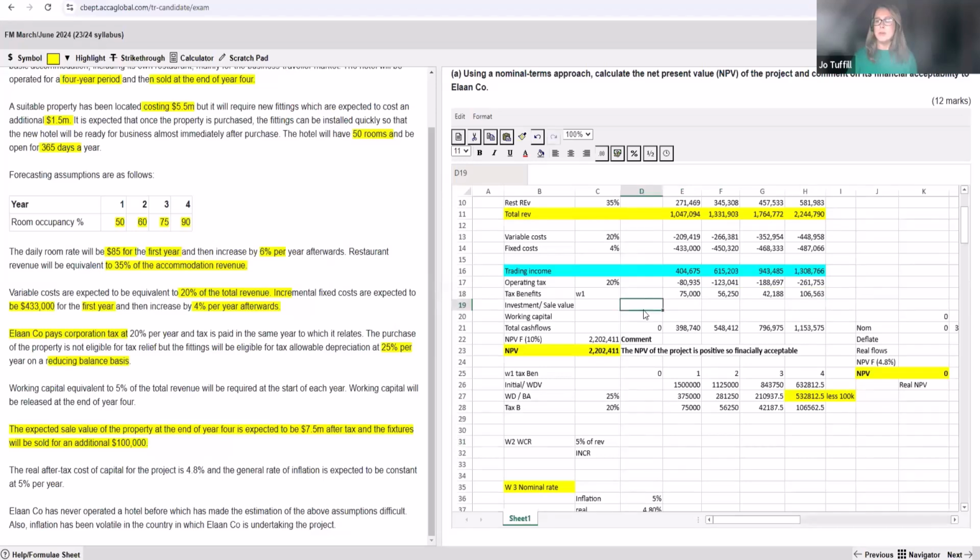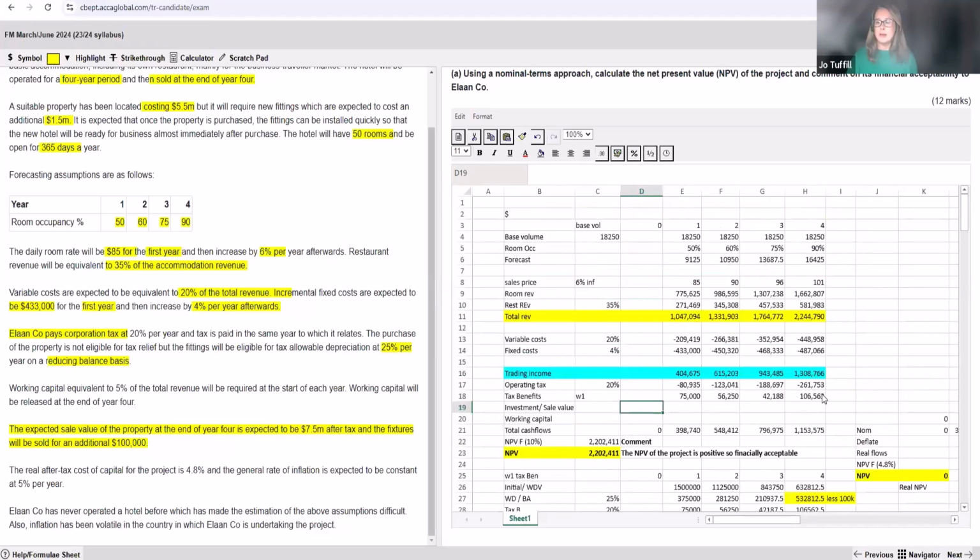Let's now make sure we put our sales value in our investment. Our investment is 7 million. You must put it as a minus though, and check you've got the right number of zeros. So it's better to put a minus in that and just check you've got 7 million.